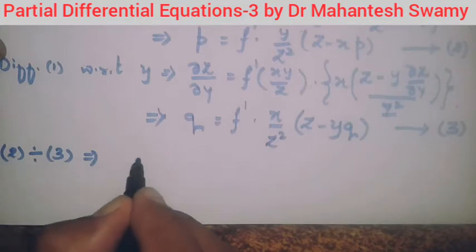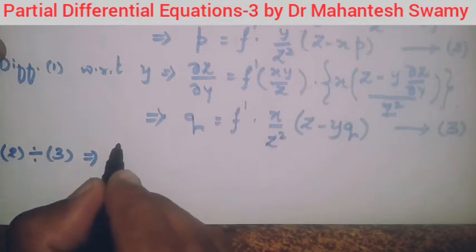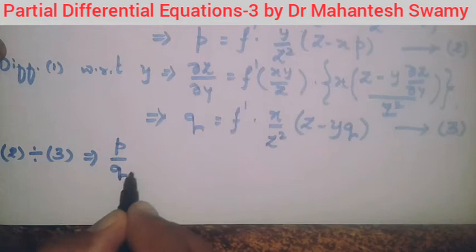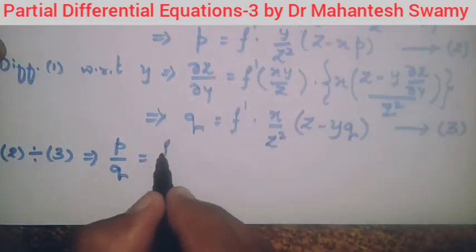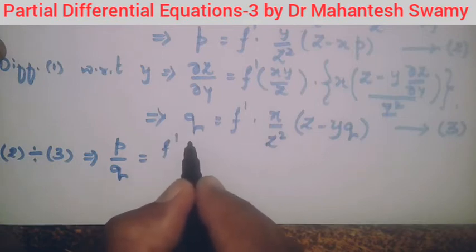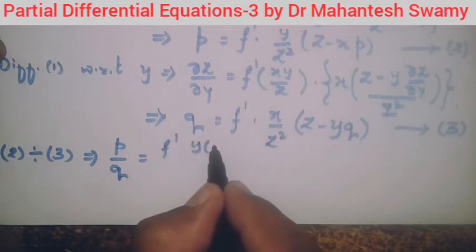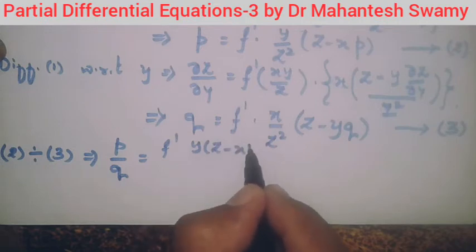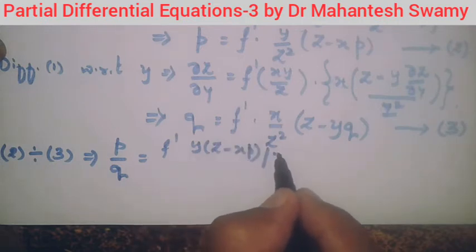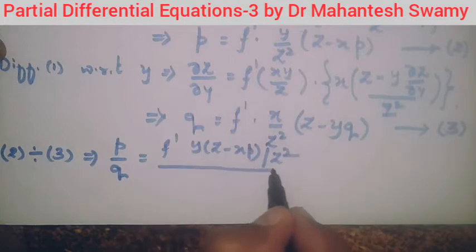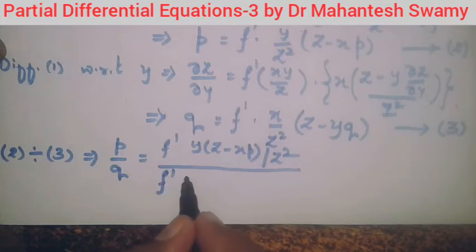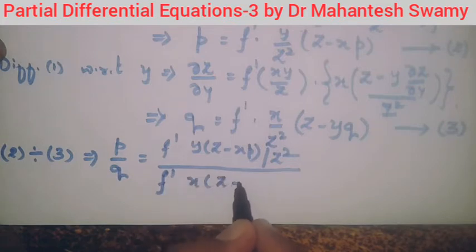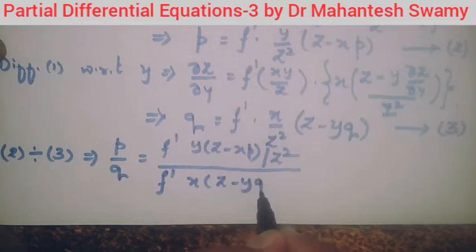So when we divide equation 2 by 3, we will be getting p by q on LHS, whereas on RHS, the RHS of equation 2 is f dash into y into bracket z minus xp divided by z square whole divided by the RHS of equation 3, that is f dash into x into bracket z minus yq divided by z square.